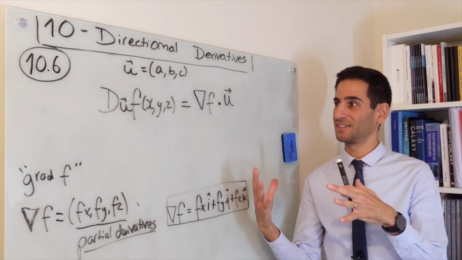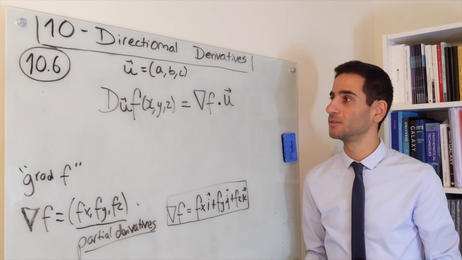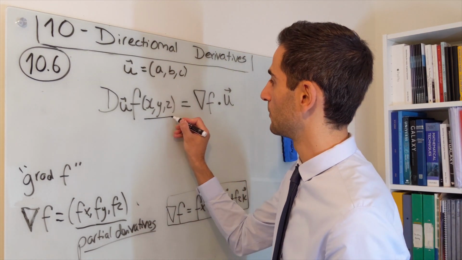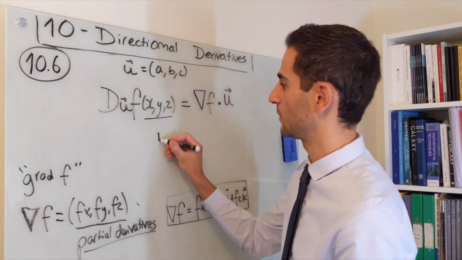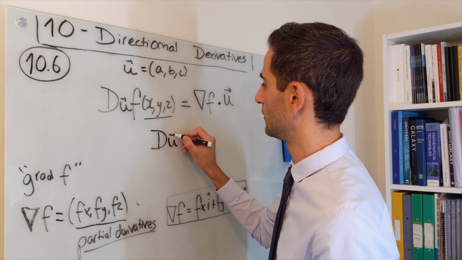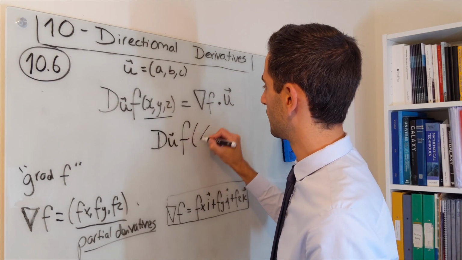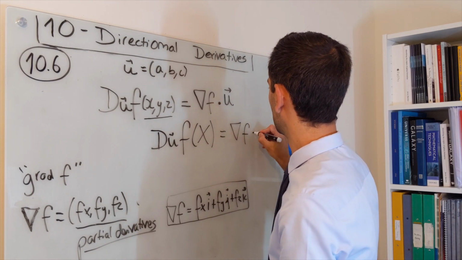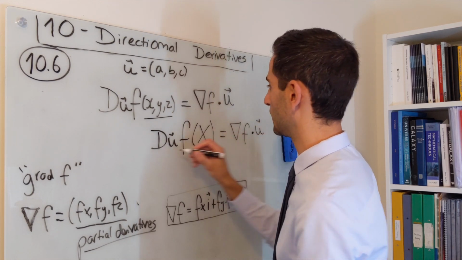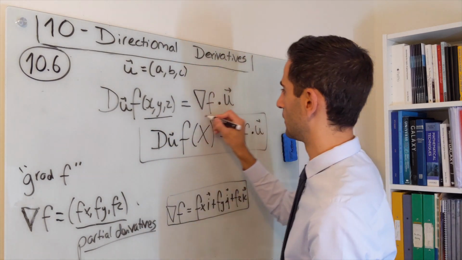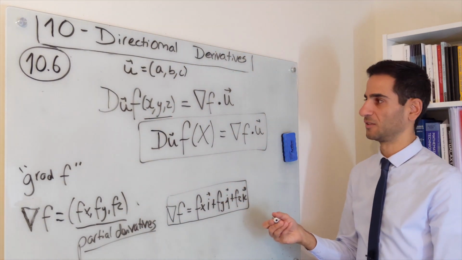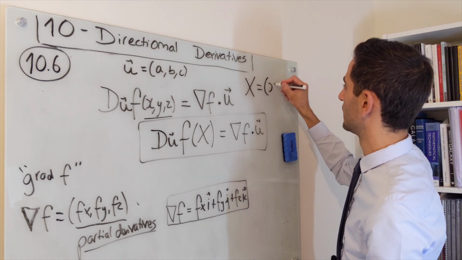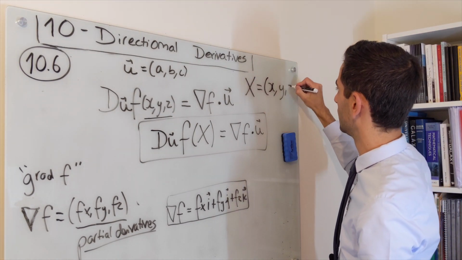If you think this is still a lot to write, there's good news. You can further simplify it, and specifically many times what we'll write is D_u f of this capital X, to mean something that will not depend on a specific number of dimensions. For this case, this X would be the same as writing x, y, z.